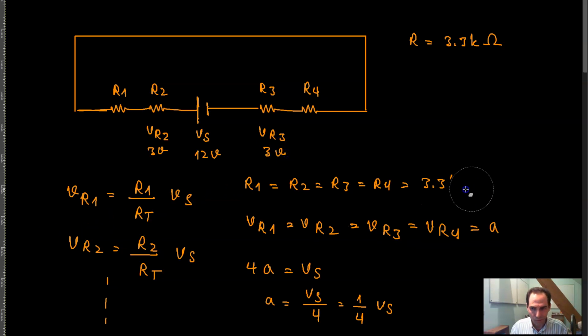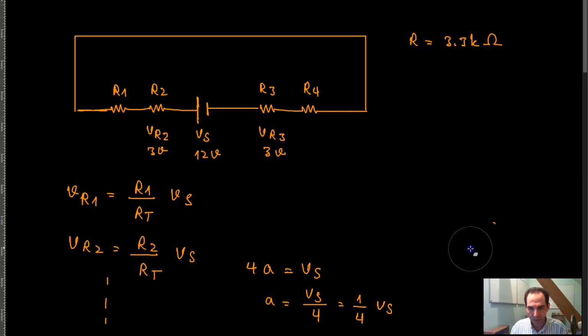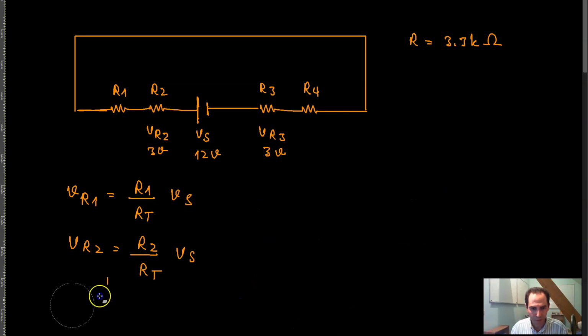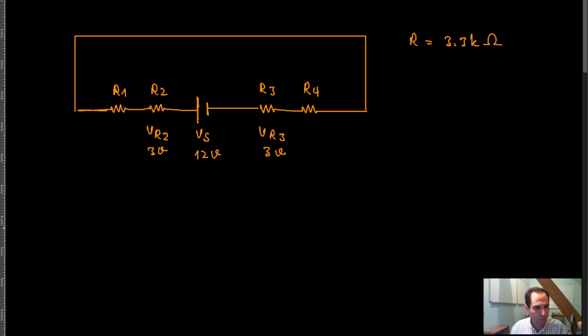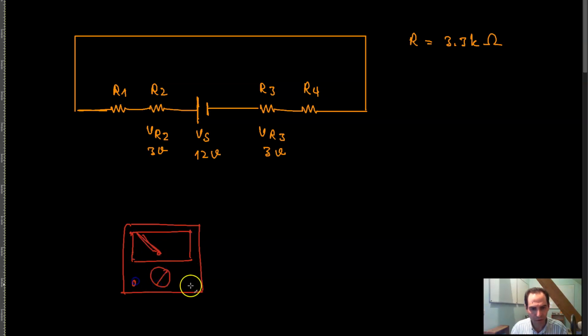Now, if you put a voltmeter in this circuit, suppose that you have one of those analog voltmeters that has a needle over here, and a selector over here, and two leads.